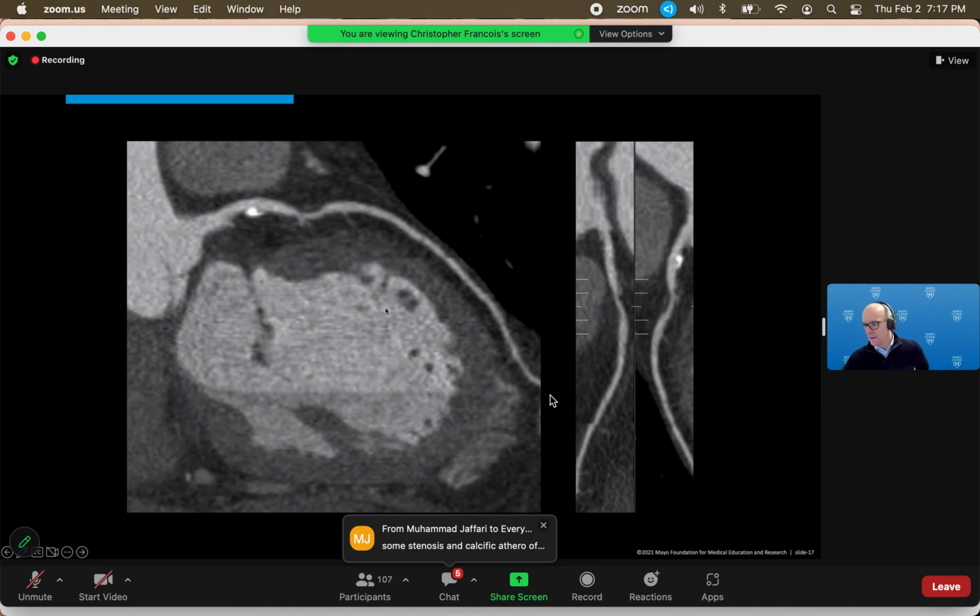Yeah, and that's right. There is stenosis in this coronary artery. There is some high attenuation calcified plaque here in the proximal vessel. And then just a little bit beyond that calcified plaque, there's a very low attenuation plaque.